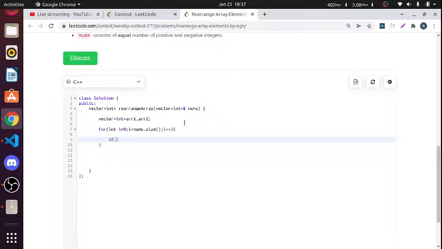Then just say if the number is positive, then push it into arr1 with push back, and fine, otherwise into the other vector.